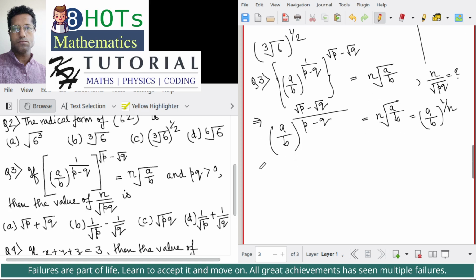Now the power on the left hand side is square root of p minus square root of q whole divided by p minus q. We can simplify the power because the denominator p minus q can be expressed as a square minus b square. So a by b is raised to the power square root of p minus square root of q divided by p minus q.